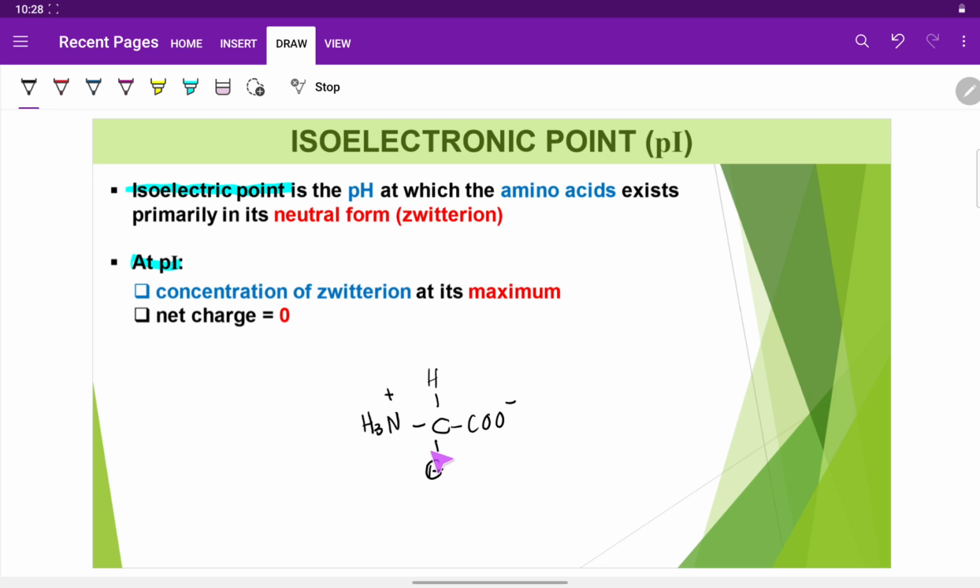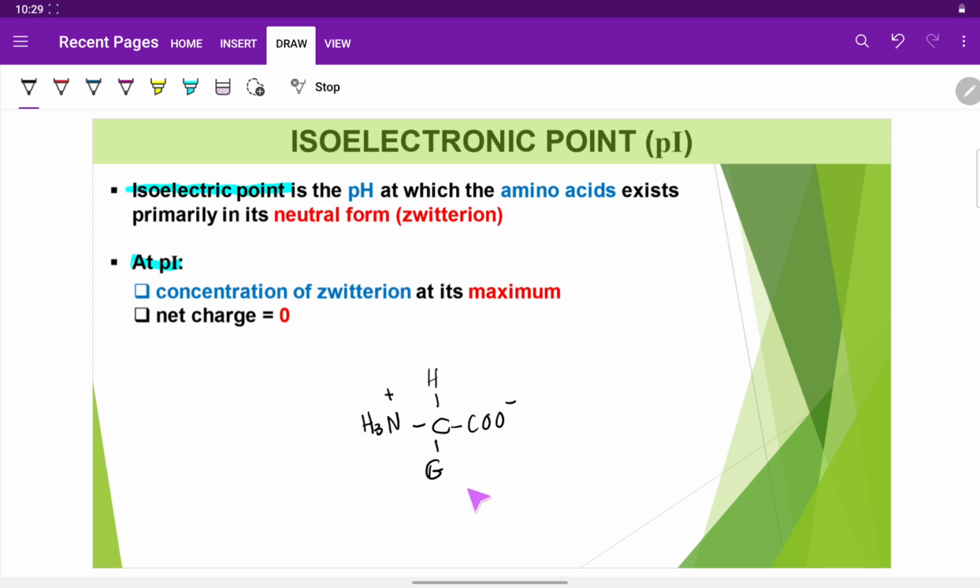Okay, kenapa ada pH yang berbeza? Sebab awak tengok dekat substituent tadi, dekat G group dekat sini. So, kalau G group dia ada lagi satu amine dekat sini, kiranya kita nak kata the balance pH akan jadi basic, katakan 8.